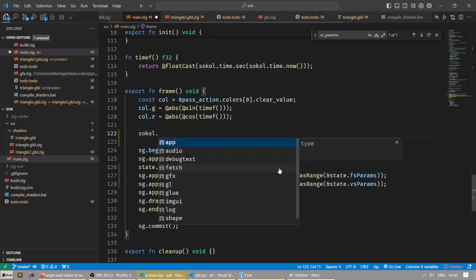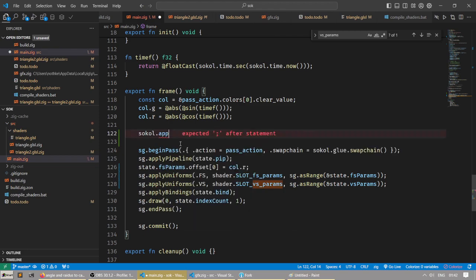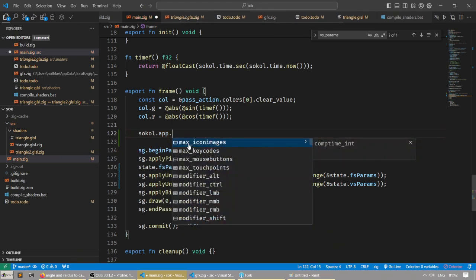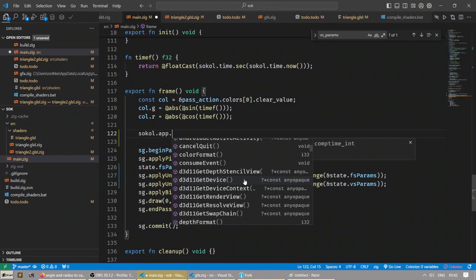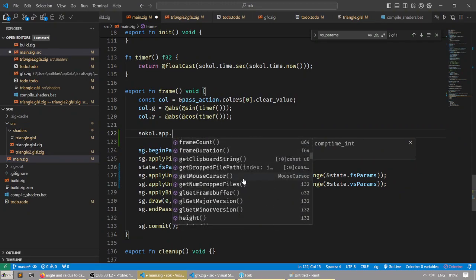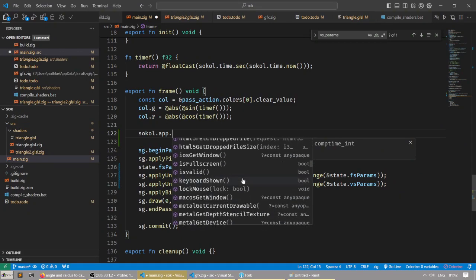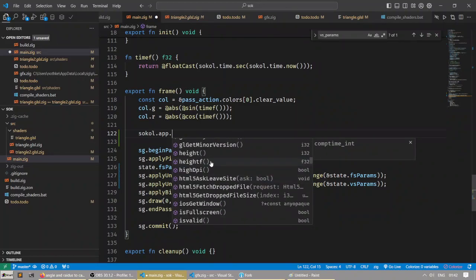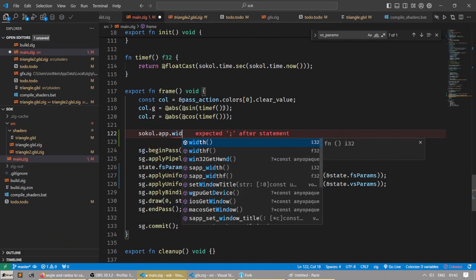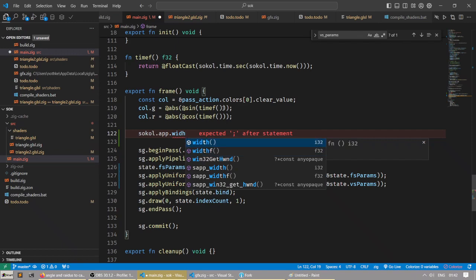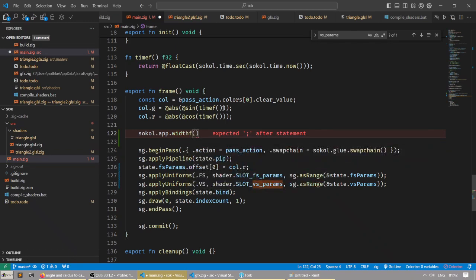No. Where is it? Is it in the app? Consume event. Oh, height. There it is. Height F. Width F. I guess you can use it directly.